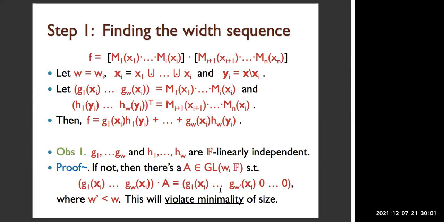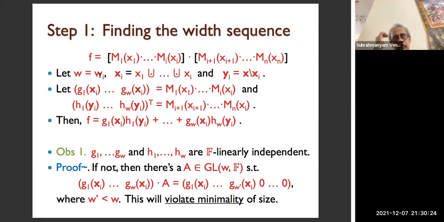And if that happens, then you can multiply A inverse with the h vector, and it will still compute the same polynomial if you take the inner product of these two. And now you see that these last coordinates are 0, so you can as well throw away those h's and reduce the width. So what it means is that w is no longer the minimum width. You can decrease wi further.